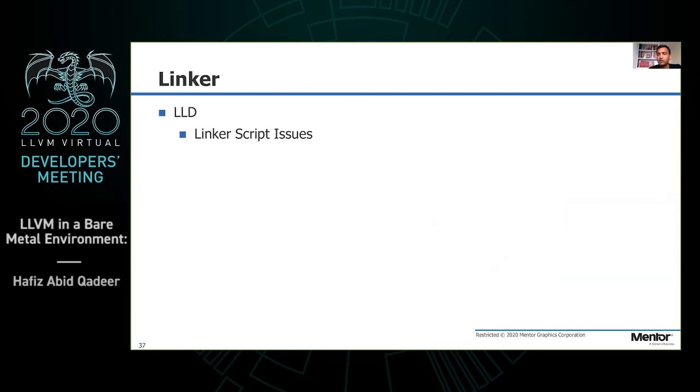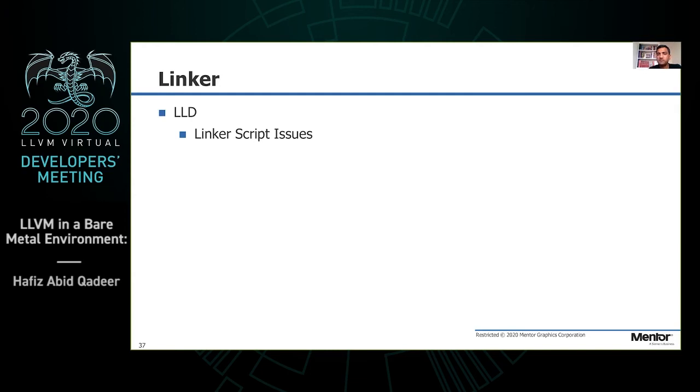The only important bit that is generally needed for the bare metal target is good linker script support. Previously, LLD used to have issues in this regard, but it has come a long way, and I was able to use most of my linker scripts, and I did not have many problems.